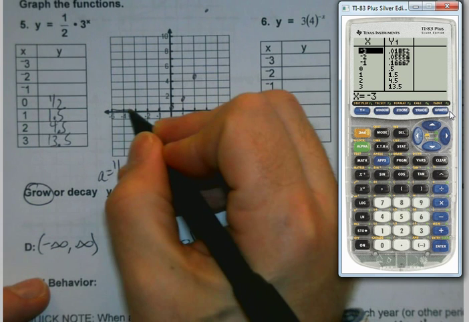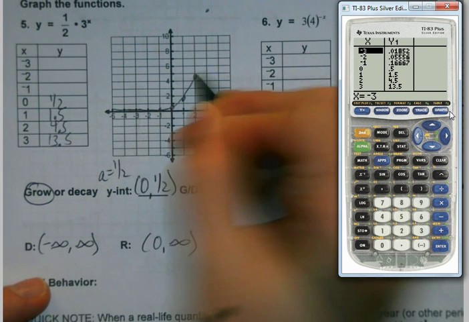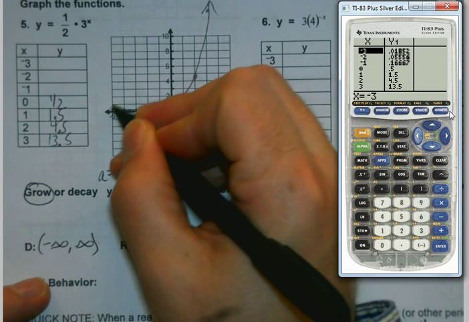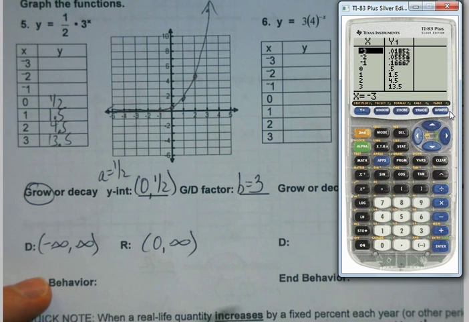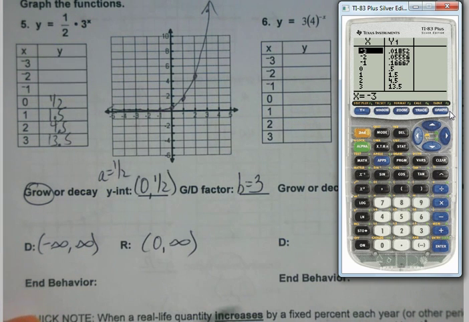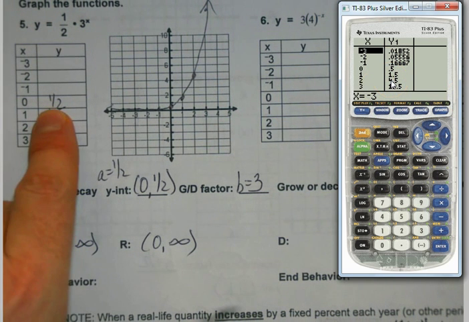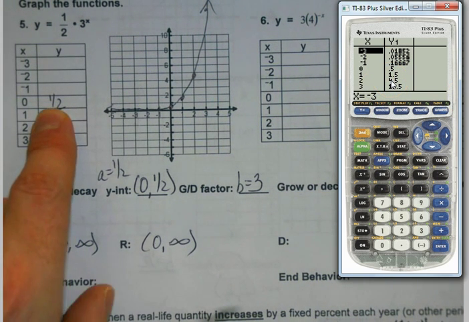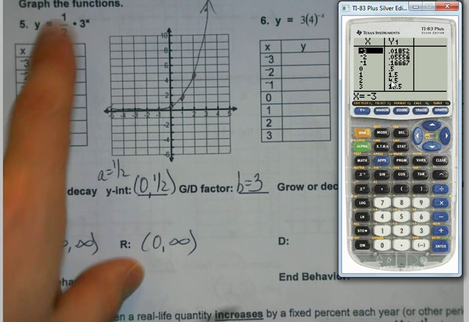But again, we're not going below the x-axis under any circumstances right now. Because again, my range is 0 to infinity. Are those fractions or decimals? These are decimals. I'm going along with this. I just happened to have gotten my y-intercept first, so I just wrote it in as a fraction because I wanted to make the connection with those.